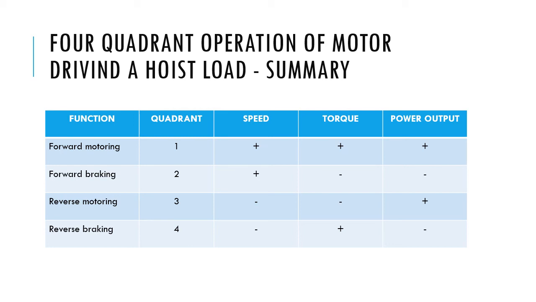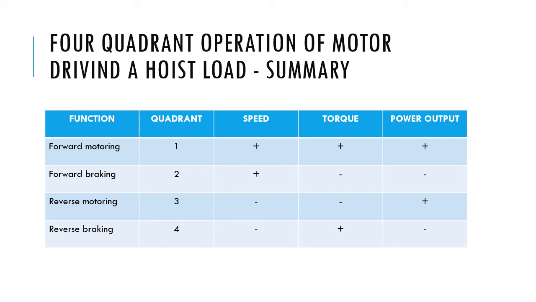This is the summary of the multi-quadrant operation of the motor. In the first quadrant, forward motoring operation, speed is positive, torque is positive, power also positive. In forward braking operation, that is happening in the second quadrant, speed is positive, torque is negative, power output is negative.